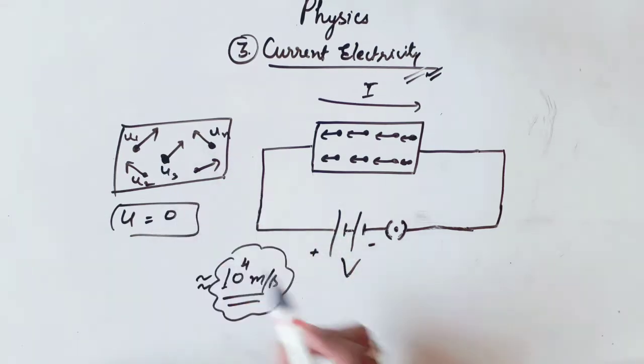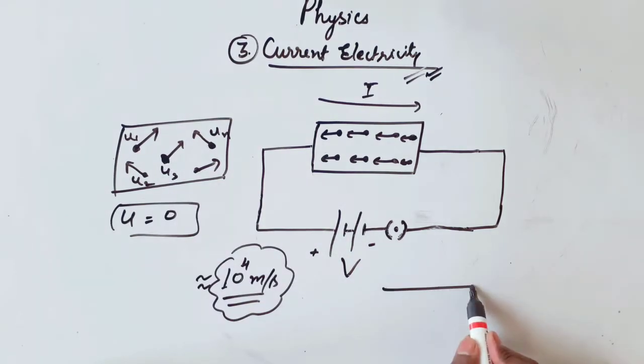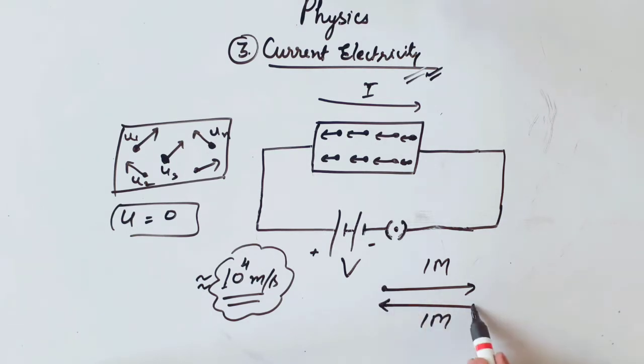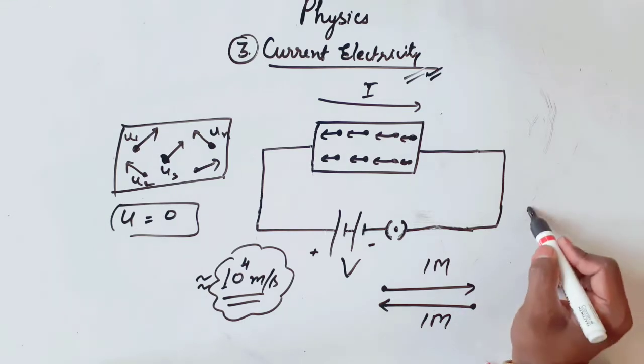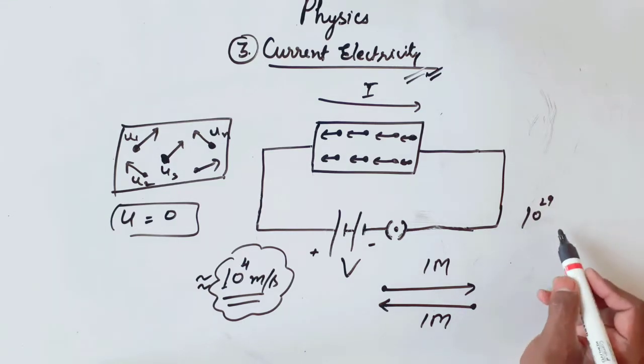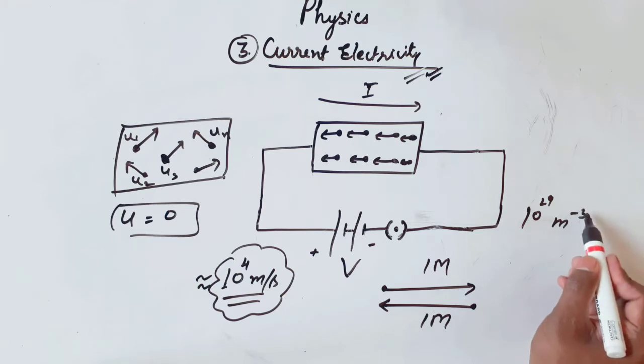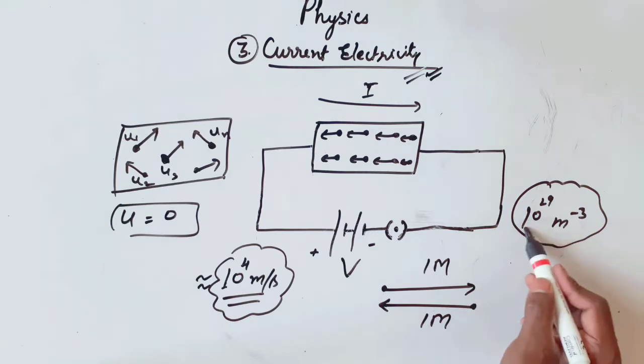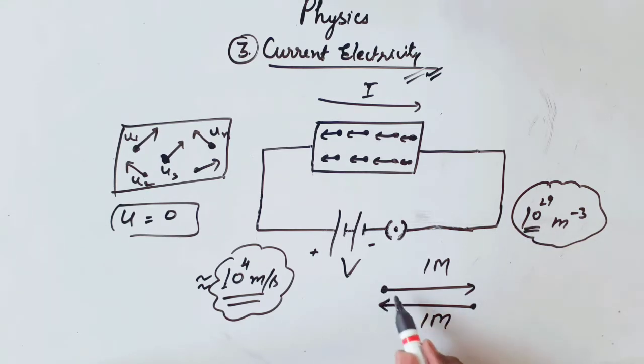If 1 million electrons are moving in this direction, then it is possible that 1 million electrons can move in the opposite direction, because as we know, 10 to the power 29 free electrons are present in 1 meter cube, which is a very huge number.